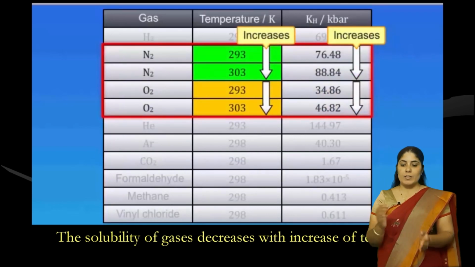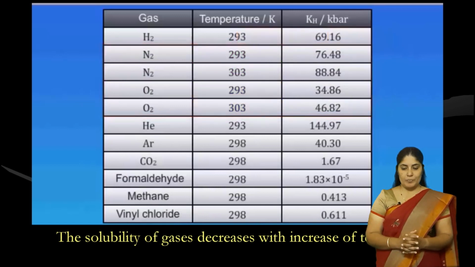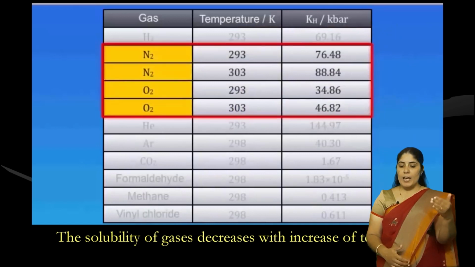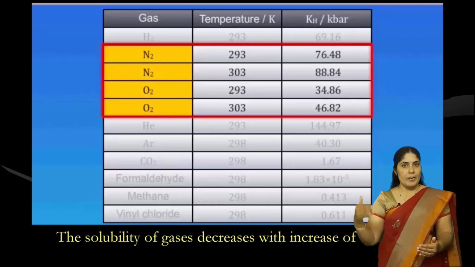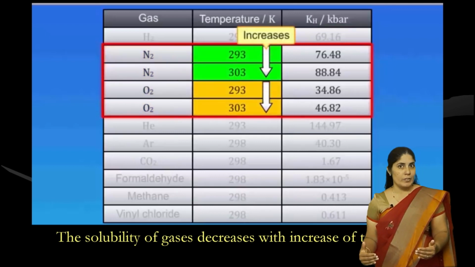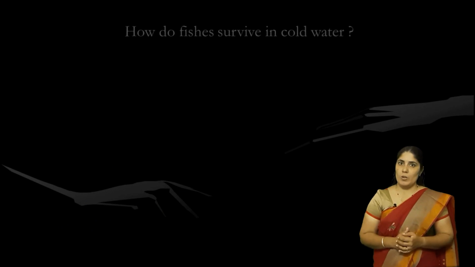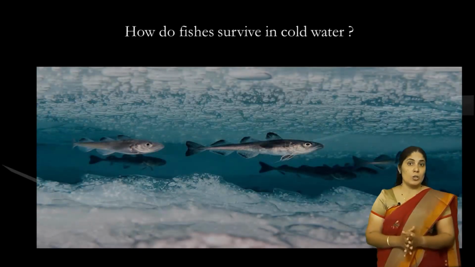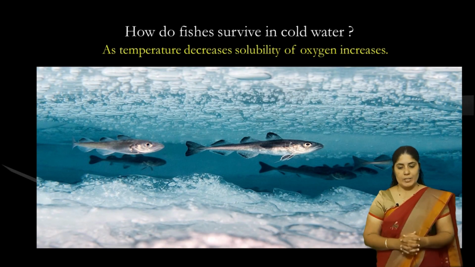That confirms that Henry's constant depends on the nature of the gas and the temperature. Comparing the values, you can see that as temperature increases, Henry's constant is also increasing. So by Henry's law, we can easily conclude that when temperature increases, solubility decreases.